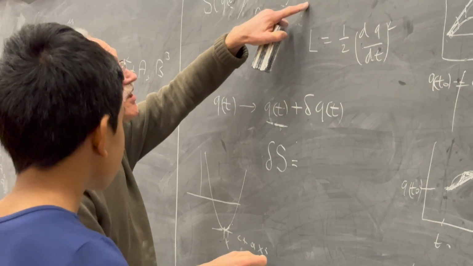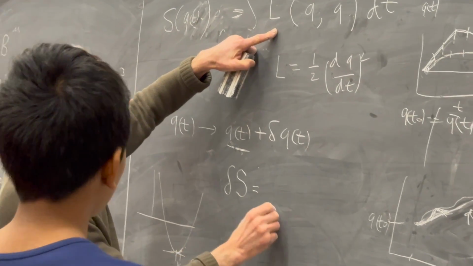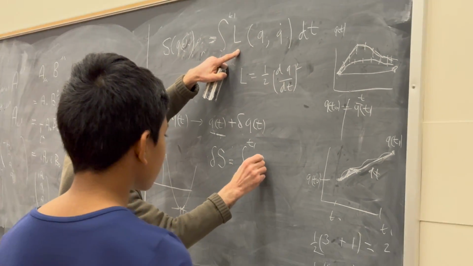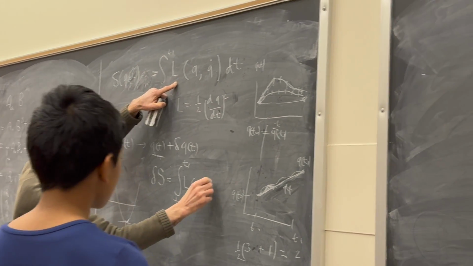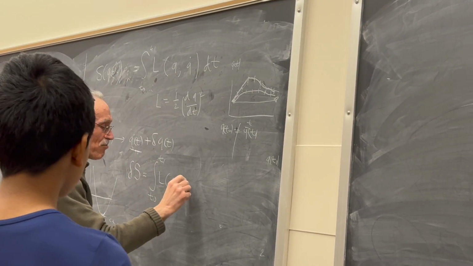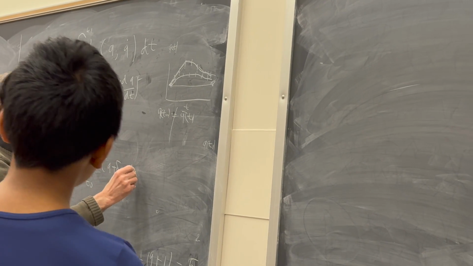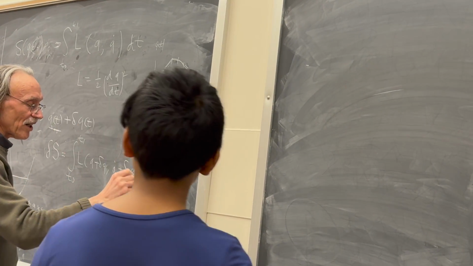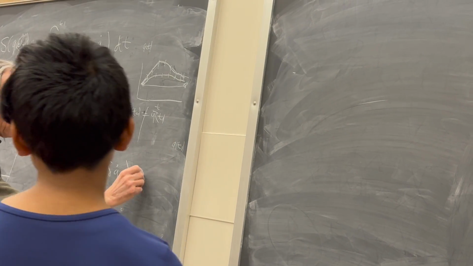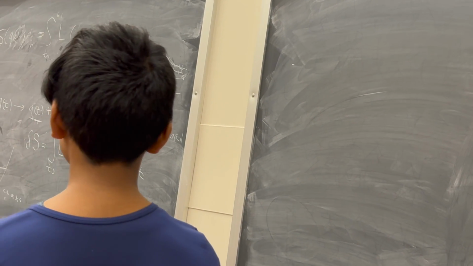So I do the change in this. So that's the integral from t0 to t1, L of q plus delta q, and here is q dot plus delta q dot, and dt. I have to erase my picture. So this is small.